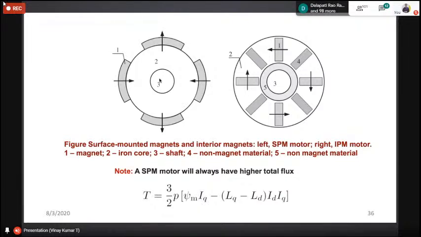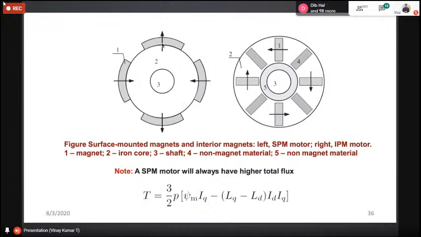This is the interpole axis, this is the pole axis. With respect to the pole axis and the interpole axis, the reluctance offered by the air gap is the same, right? Interpole axis air gap reluctance and pole axis reluctance are the same.